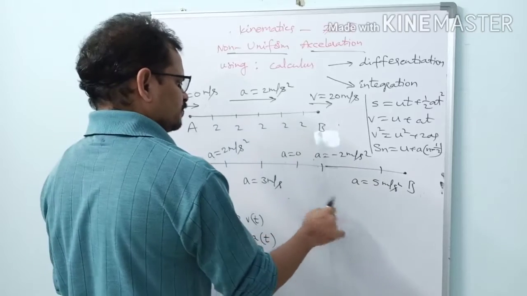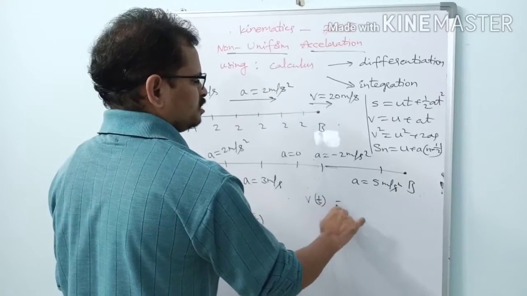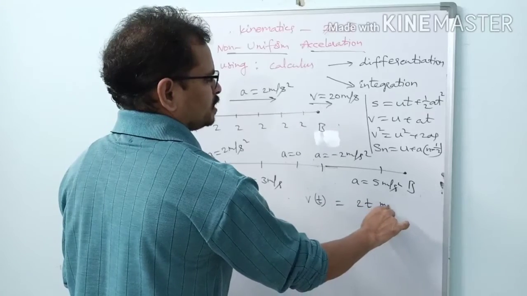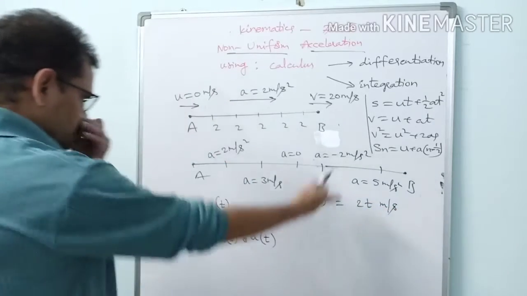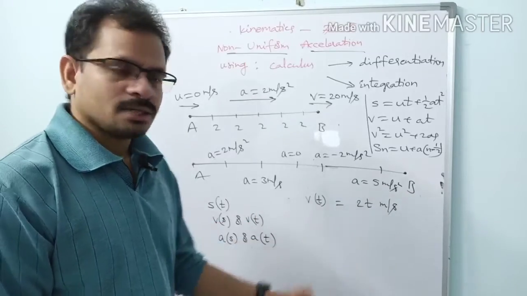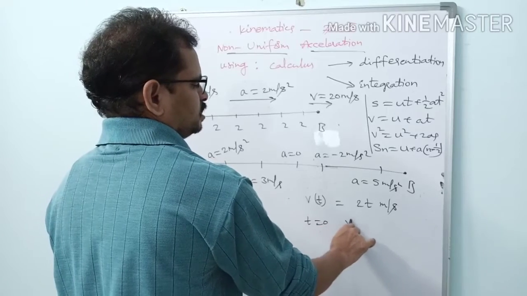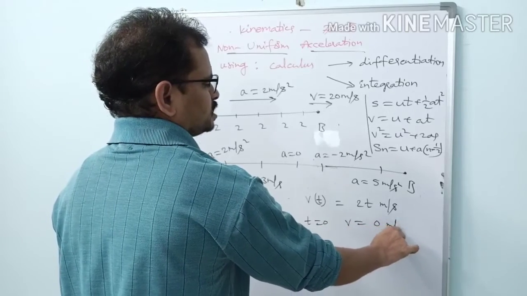For example, let us check here. v as a function of t is given as 2t meters per second. Suppose in this case velocity is given as a function of time. Let us check if this is a uniform acceleration or not. When t equal to 0, what is velocity? v equal to 0 meters per second.